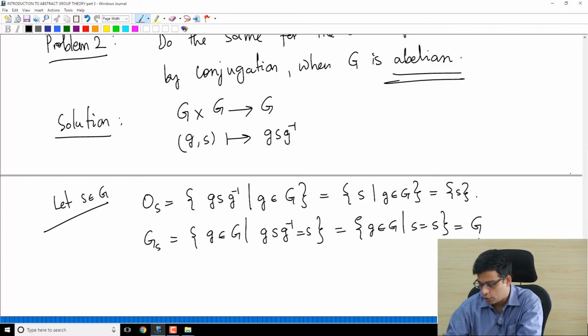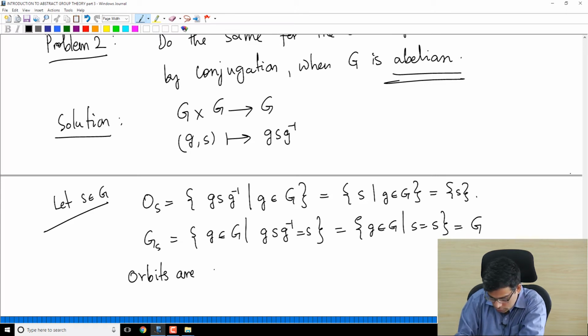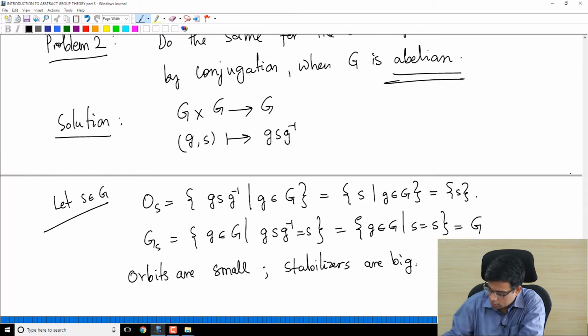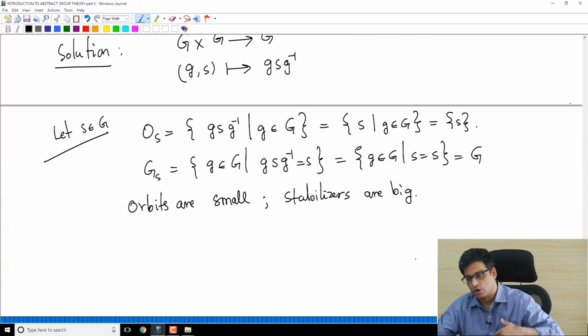In other words, for all g in G this condition holds, so this is G. So here orbits are small, stabilizer is big, right? Stabilizer is as big as it can be, it's all of G.